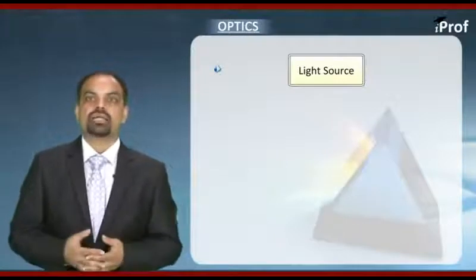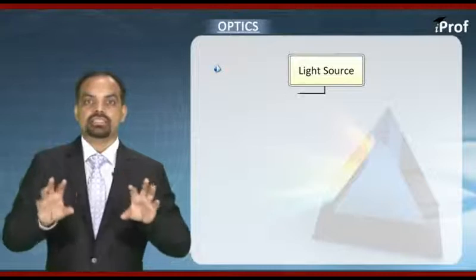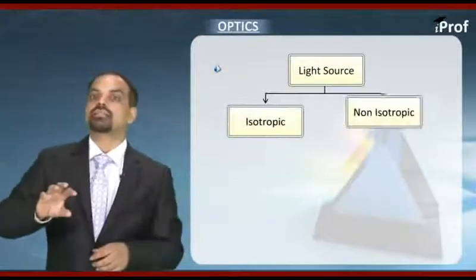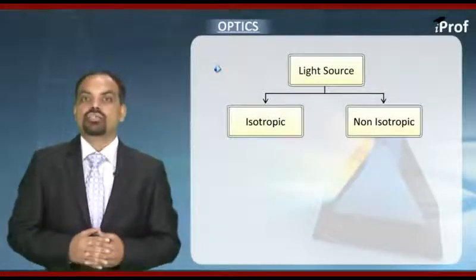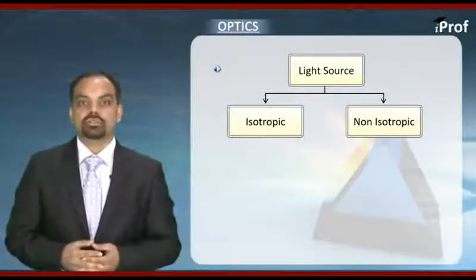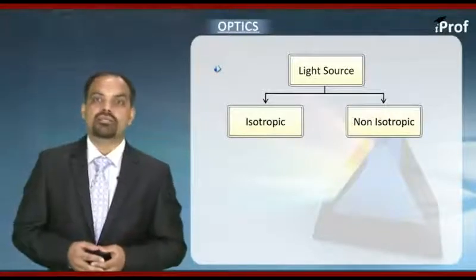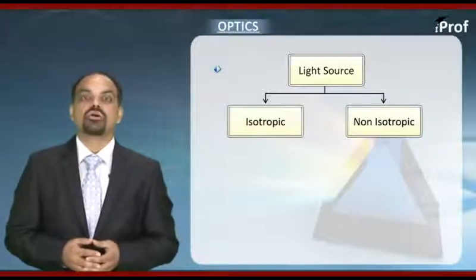There is one more category of classification, and that classification says one is isotropic and the other is non-isotropic. The sources which give out light uniformly in all directions are termed isotropic, and the sources which do not give out light uniformly in all directions are termed non-isotropic.